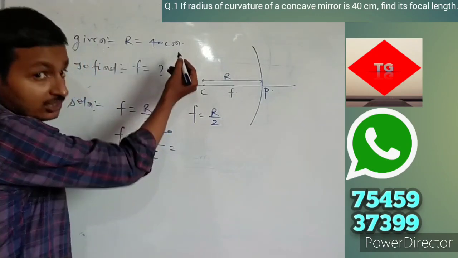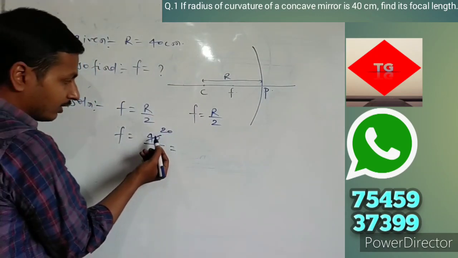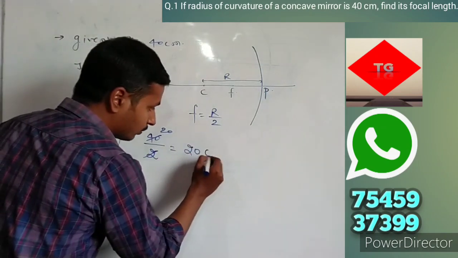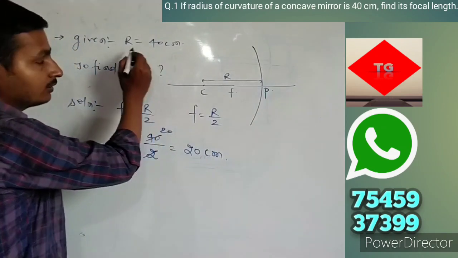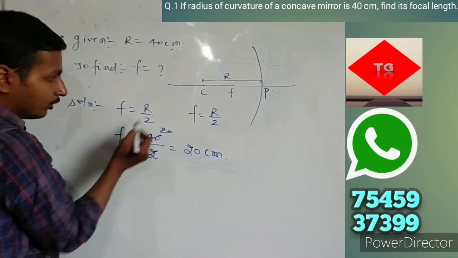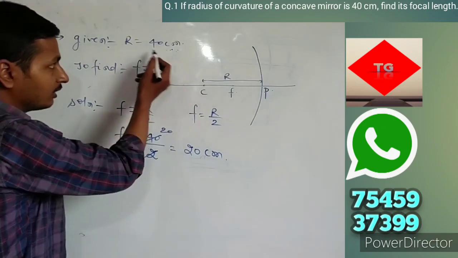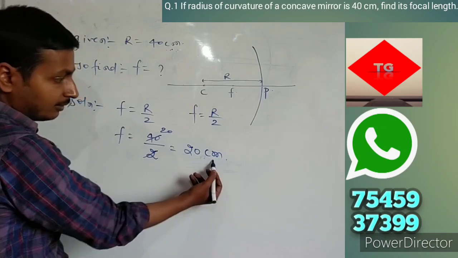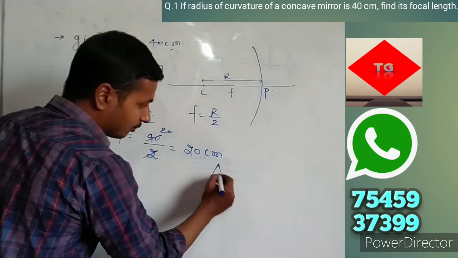And the unit is very, very important, otherwise it is valueless. So you must write 20 centimeter, because the unit of radius here is centimeter. So you have to write focal length in centimeter, and this is the complete answer.